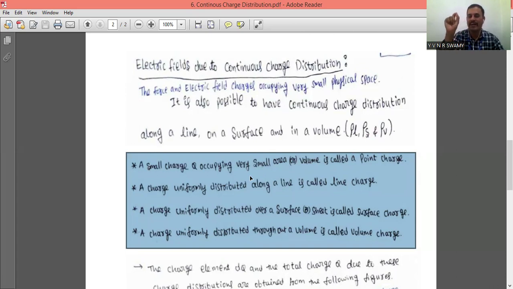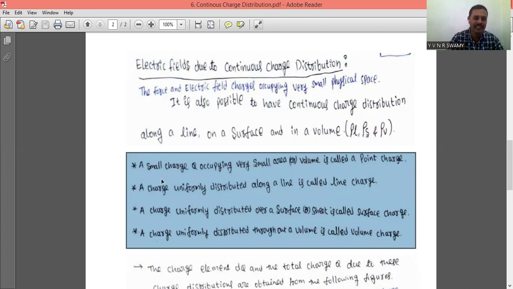So a small charge occupying very small area or volume is called a point charge. In the previous class, we already calculated the electric field intensity due to a point charge.